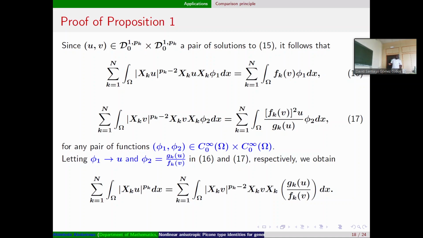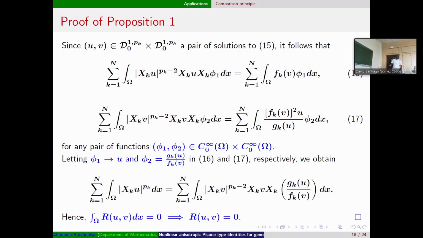Of course, they come from here, and by extension, as a completion of this space, you have this. If you put phi 1 to be u and phi 2 to be this, then this equals that, which gives a relation here, and you have R(u,v) equals 0, which implies that this one equals 0.